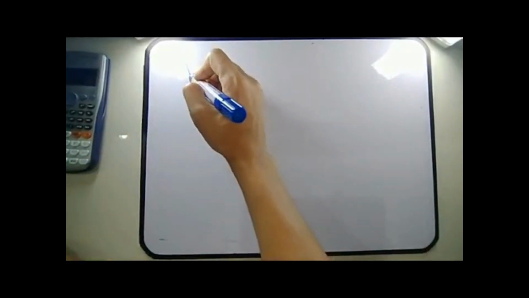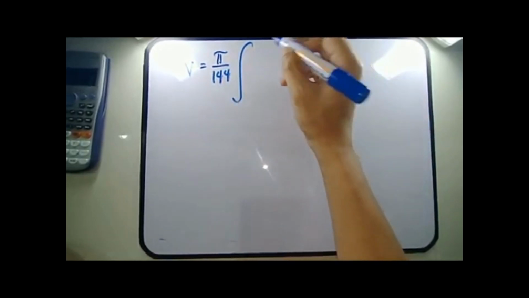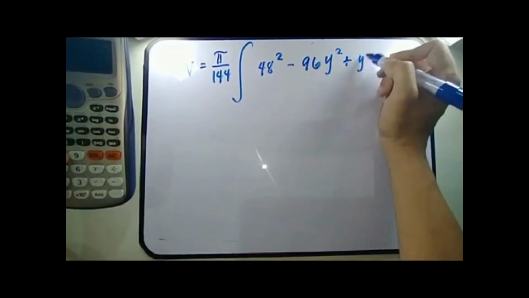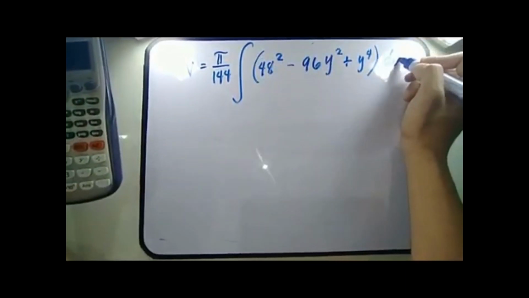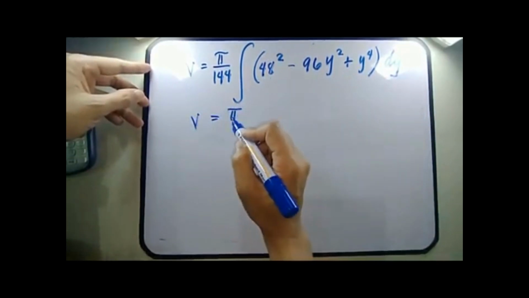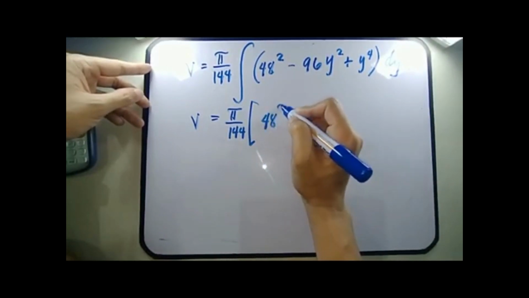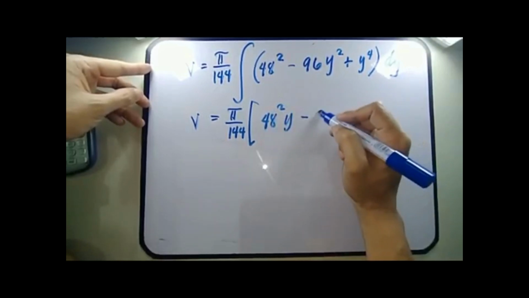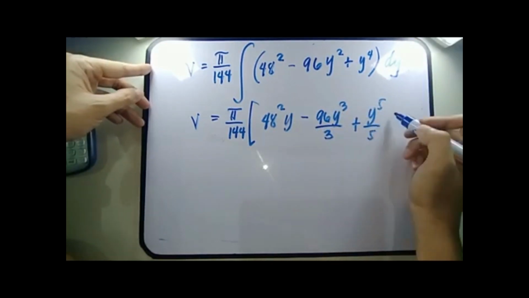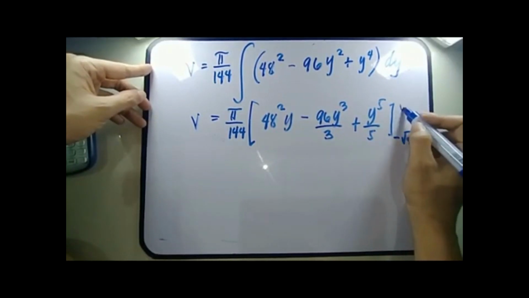So, expanding, we have volume equals pi all over 144 integral of 48 squared minus 96 y squared plus y raised to 4, dy. Then we can integrate it. So, volume equals pi all over 144 times 48 squared y minus 96 y cubed all over 3 plus y raised to 5 all over 5, from negative square root of 48 to square root of 48.